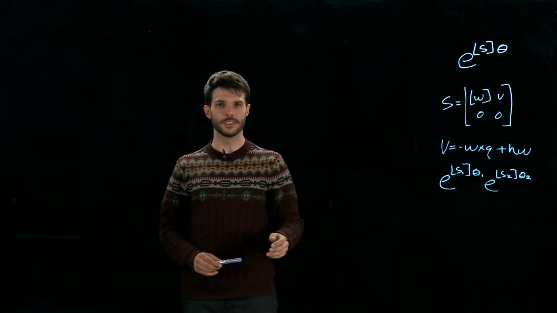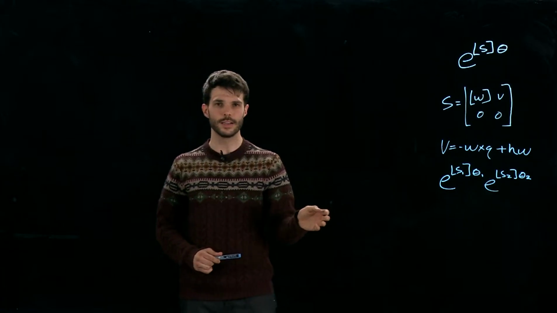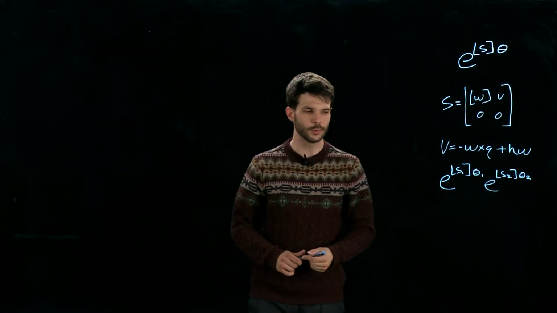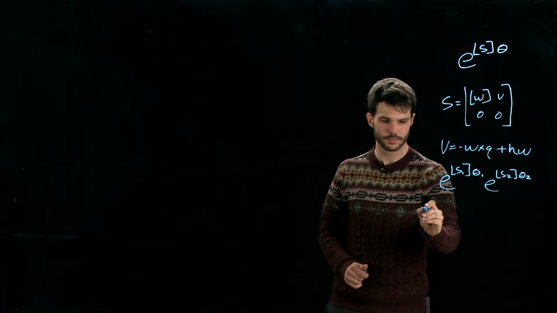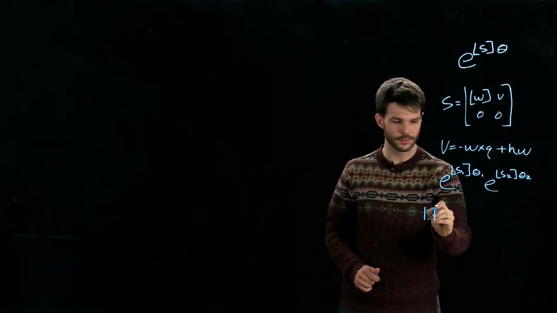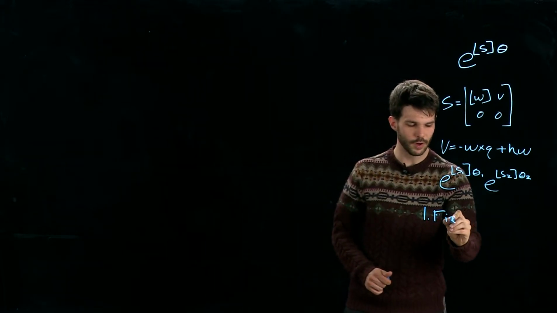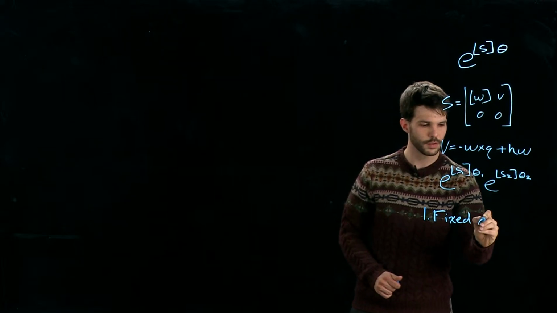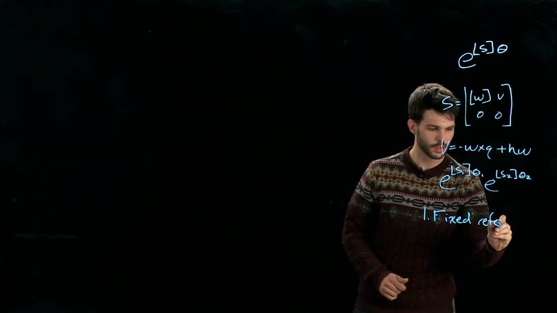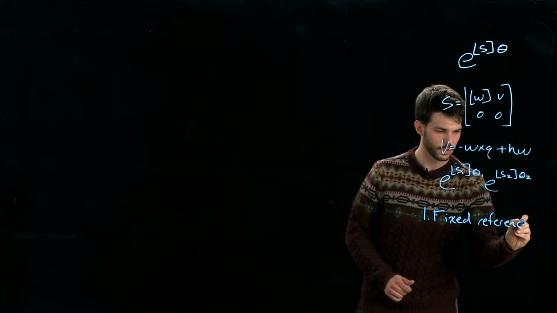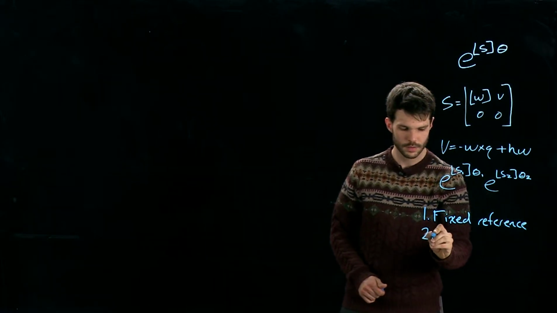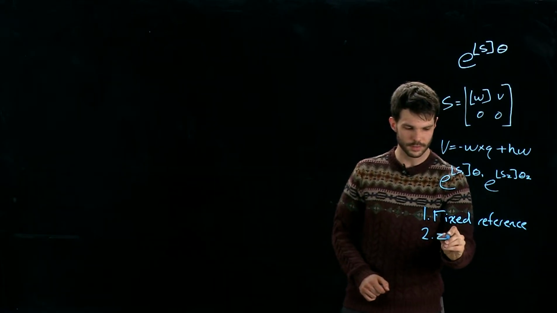So let's imagine for a second that we have a generalized open-chain for which we've already defined the following things. First, we have a fixed reference frame, and this can be arbitrarily chosen. Also, we know the zero displacements of each joint.